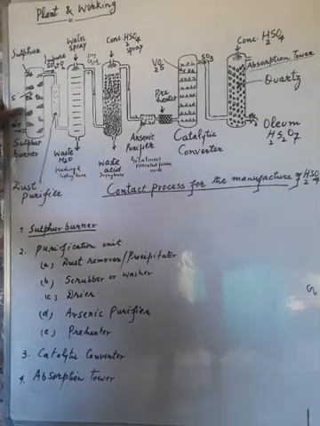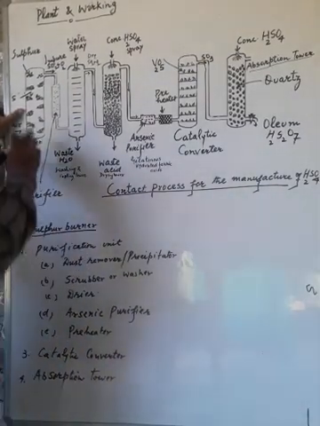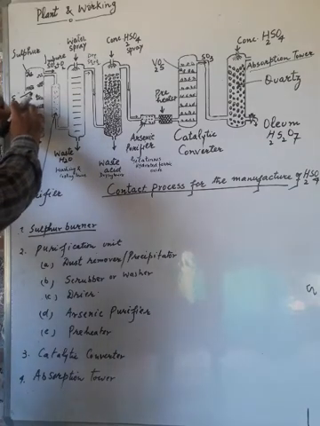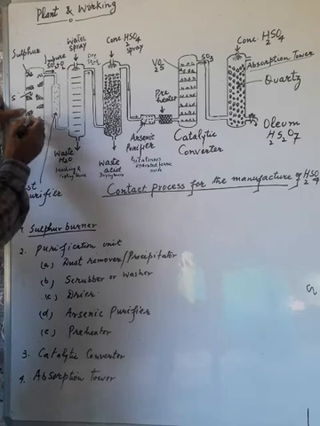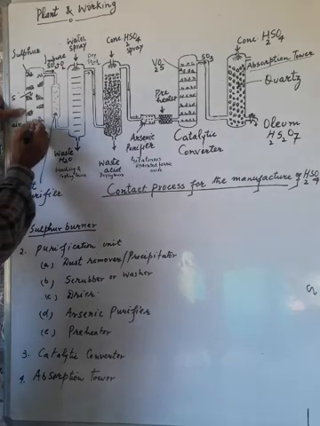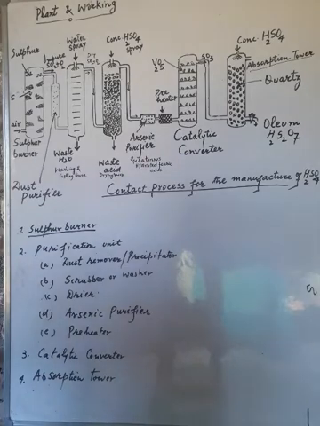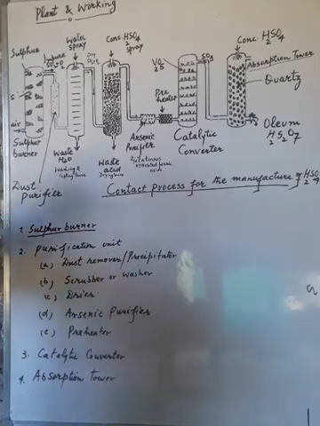The first is the sulfur burner. In the sulfur burner, sulfur is burnt or iron pyrite is roasted so that we get sulfur dioxide. This sulfur dioxide contains various impurities of gases and impurities of arsenic oxide.